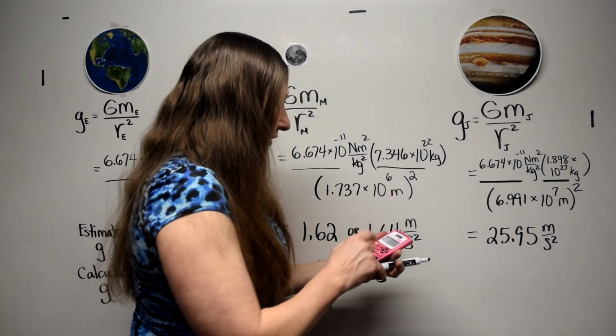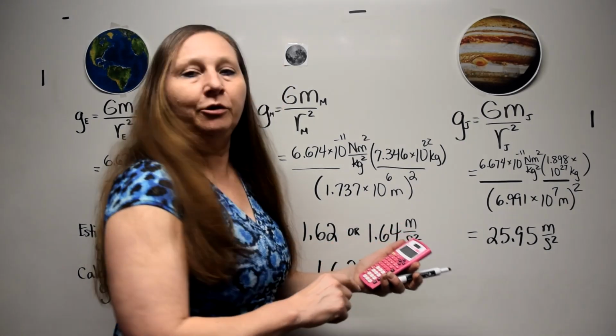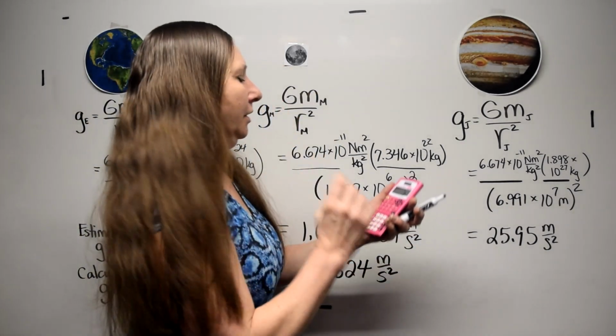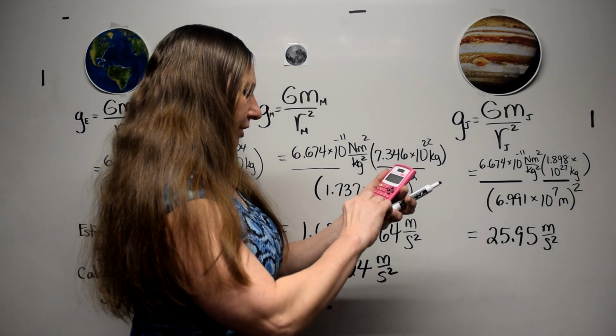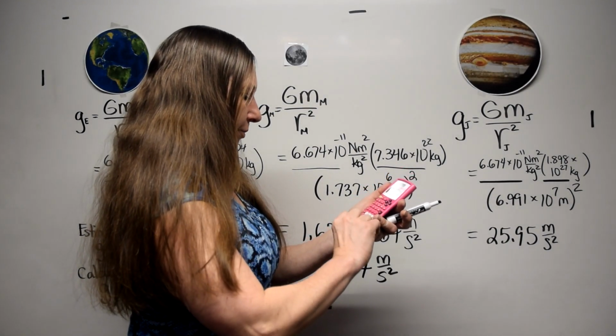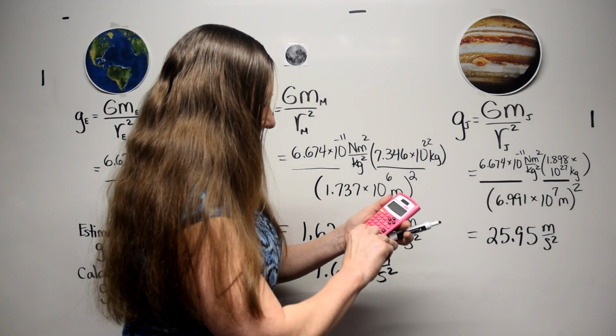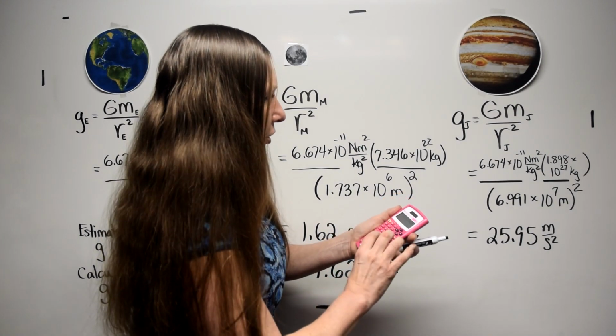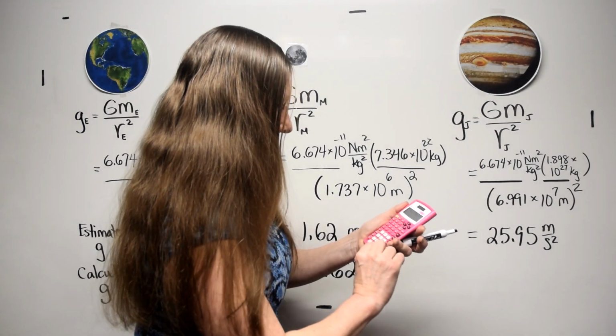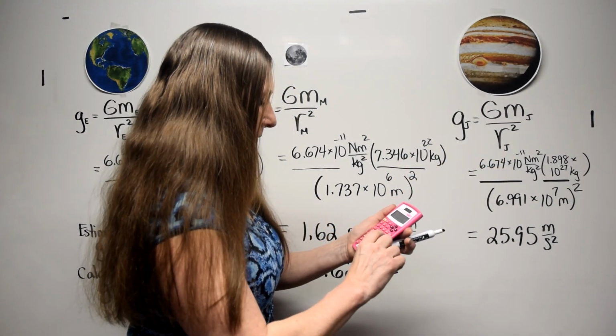So finally, let's calculate the acceleration due to gravity for Jupiter. We've got 6.674 exponent negative 11 times 1.898 exponent 27. I'm going to hit the equal sign. That's the top.